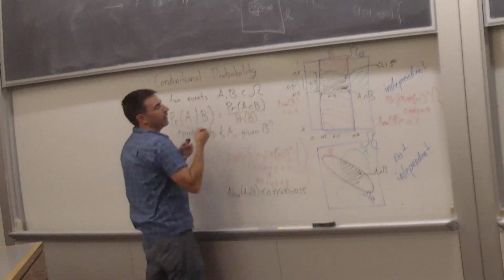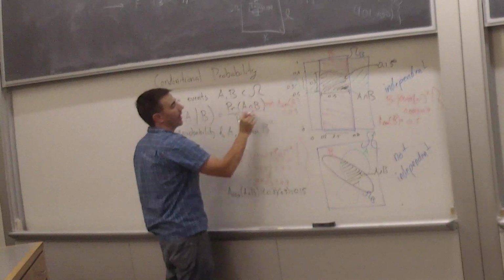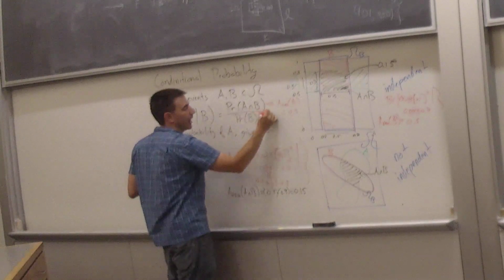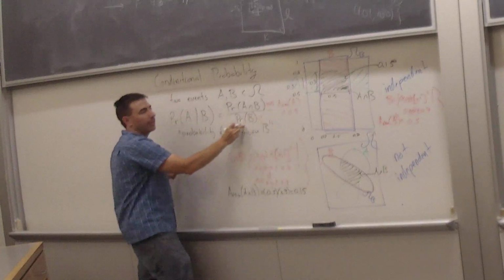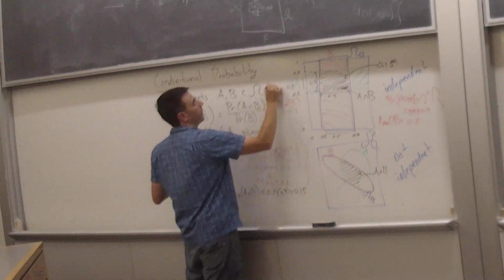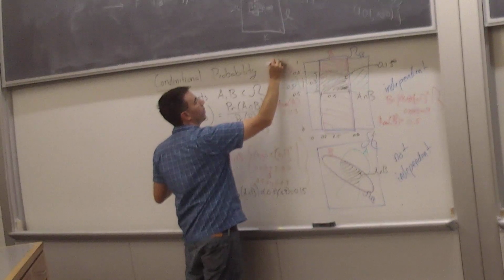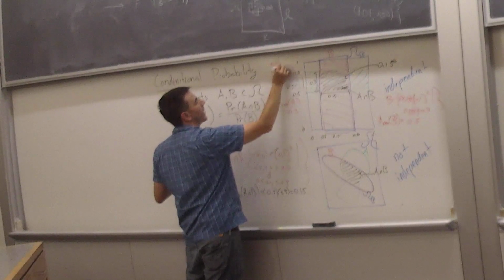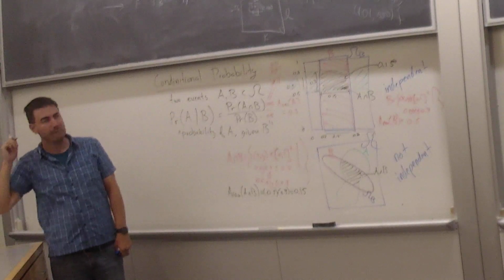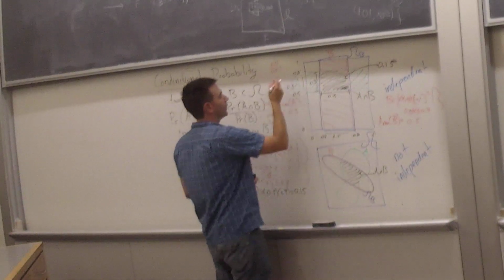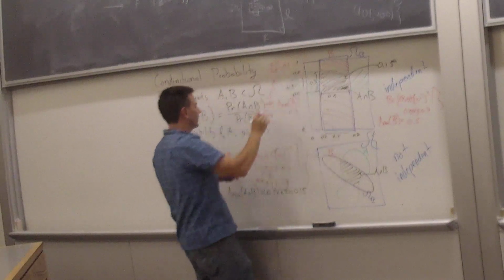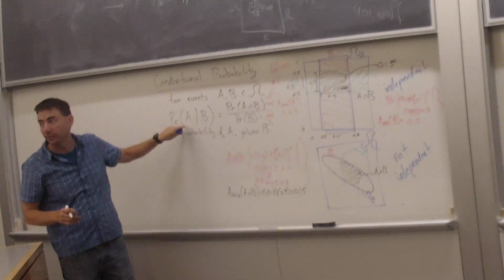The numerator is 0.15, which I calculated down here, and the denominator, the probability of B, is 0.5. So it's 0.15 divided by 0.5. Is this 0.3? Yeah? Okay, multiply them both by, yeah. So this is 0.3, which is exactly what the probability of A was.